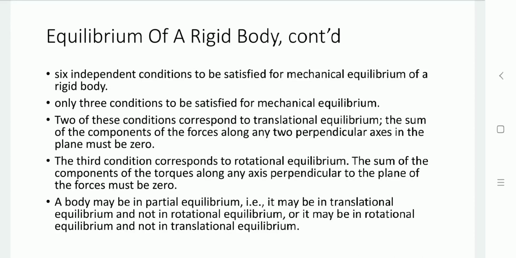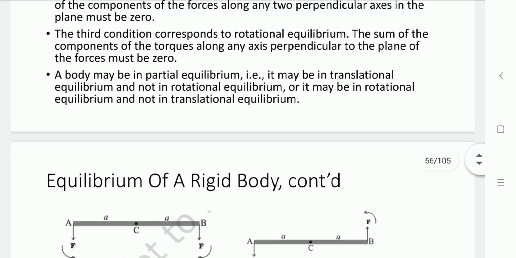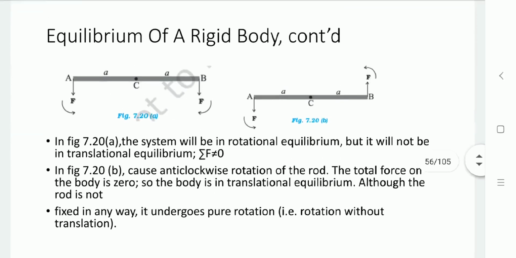So a body may be in partial equilibrium: it may be in translational equilibrium and not in rotational equilibrium, or it may be only in rotational equilibrium and not in translational equilibrium. So let us see a diagram and understand that.